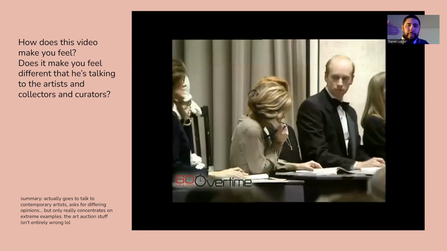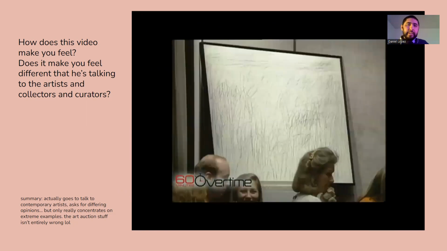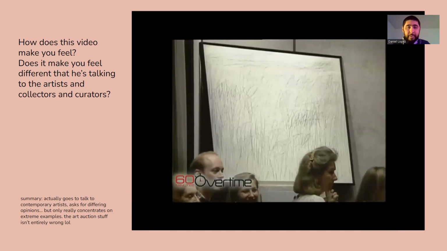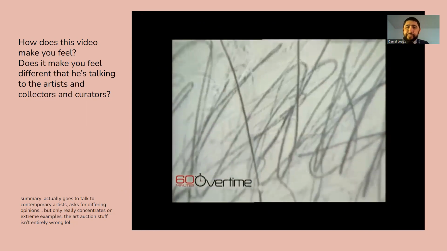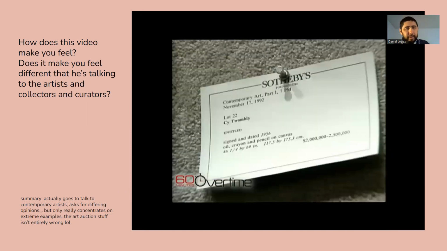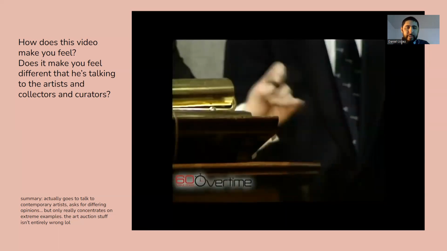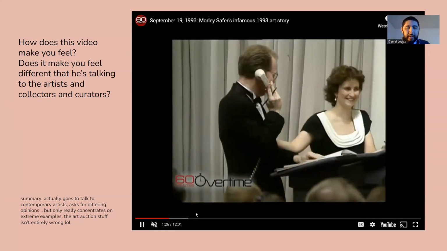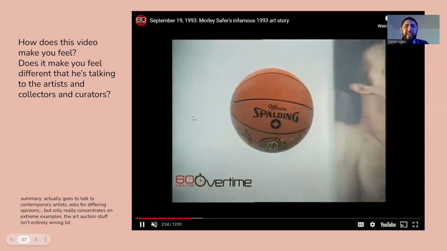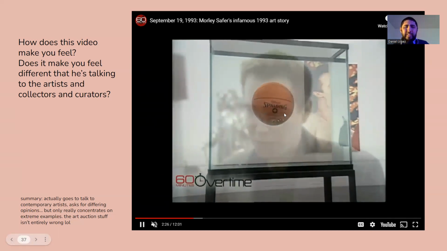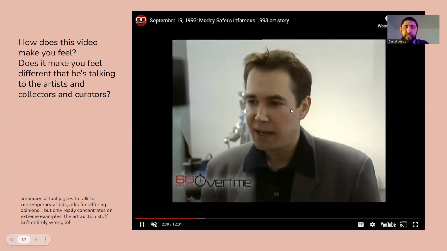He's going to an auction house, where these contemporary art pieces, he uses a correct term, contemporary art, are being sold for tens of thousands of dollars. He's like, look at this scribble, it just sells for like 2 million or whatever. And then he talks to this artist, Jeff Koons. I forgot how much it cost, but tens of thousands of dollars for this basketball suspended in this tank.